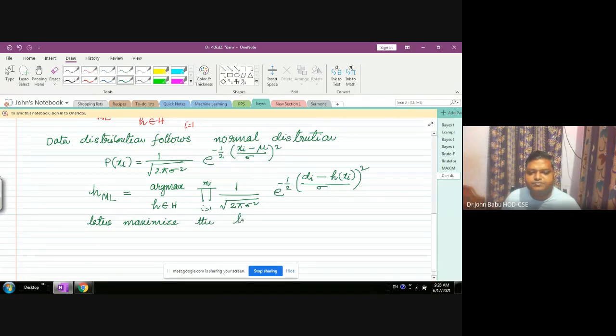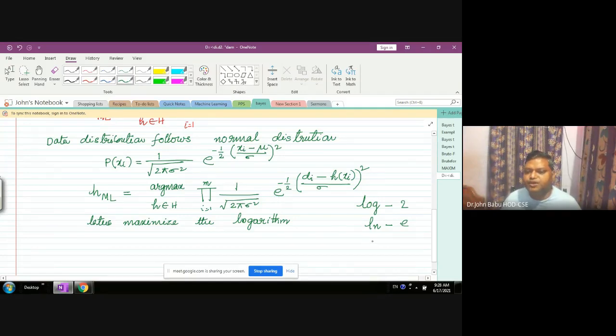Natural logarithm, ln. Remember, the general standard notation is log represents base 2, ln represents natural logarithm, base e. Both are different. In the ID3 algorithm we calculated the base 2 logarithm, not the natural logarithm, but here we are taking the natural logarithm.